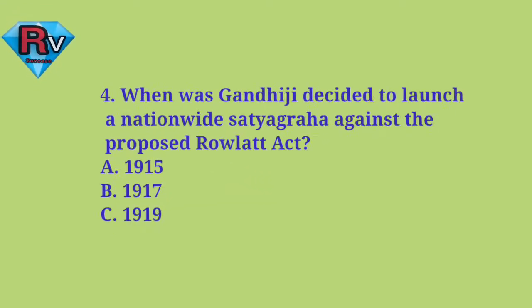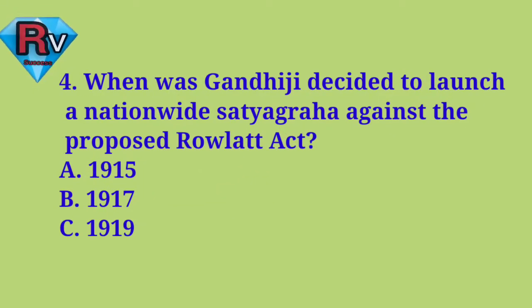Next, when did Gandhiji decide to launch a nationwide satyagraha against the proposed Rowlatt Act? Your options are A. 1915, B. 1917, C. 1919. The answer is 1919.